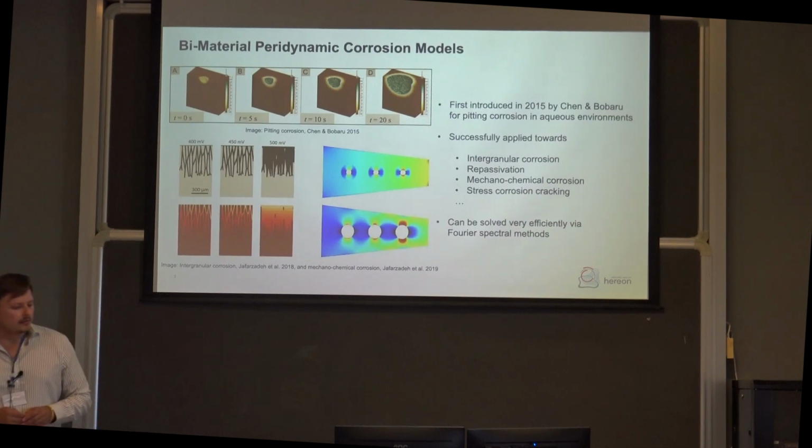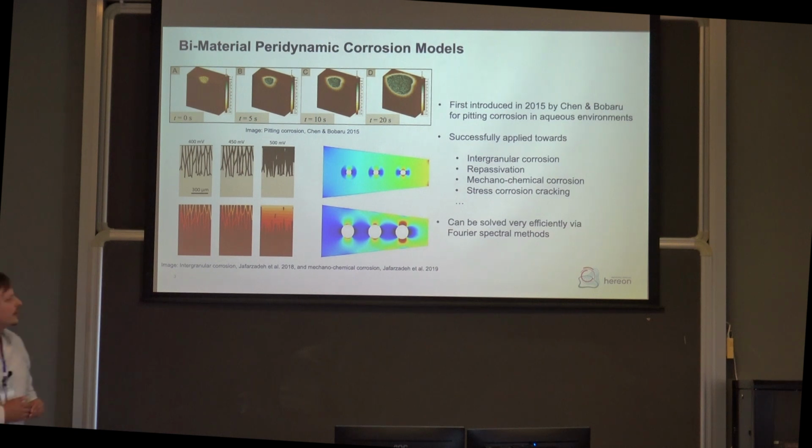The peridynamic corrosion model was first introduced in 2015 by Professor Florin Bobaru and Chen at the University of Nebraska, and they utilized it for the modeling of pitting corrosion in aqueous environments. You can see it on the top. From that point on, it was successfully applied to model different phenomena of corrosion, for example, intergranular corrosion, repassivation, stress corrosion cracking.